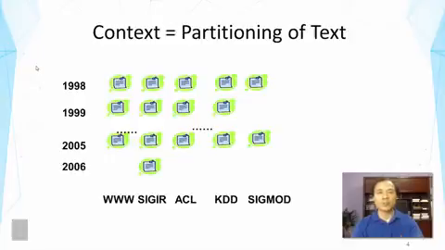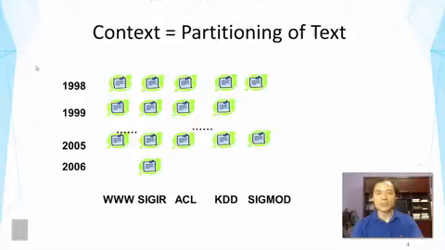So here I just show some research papers published in different years on different venues, different conference names listed on the bottom, like the SIG-IR or ACL, etc. Now, such text data can be partitioned in many interesting ways because we have context. So the context here just includes time and the conference venues, but perhaps we can include some other variables as well.